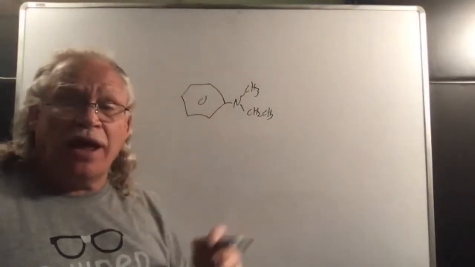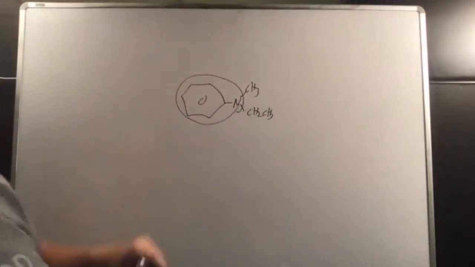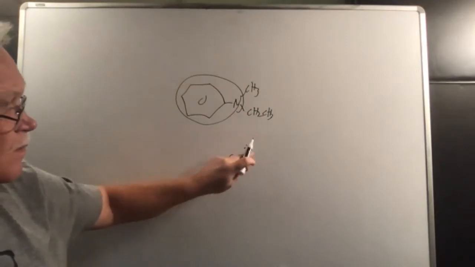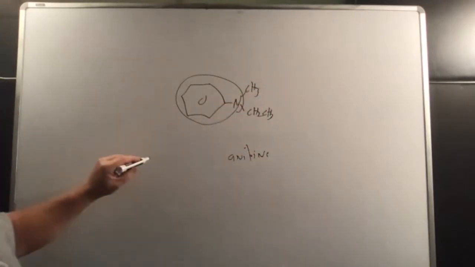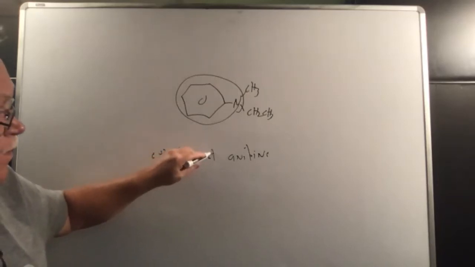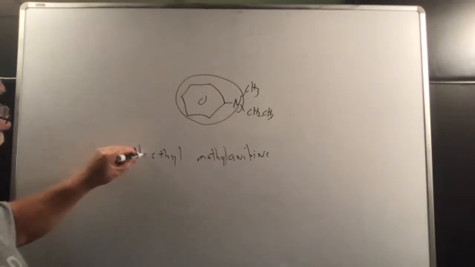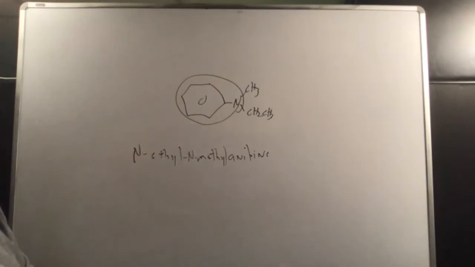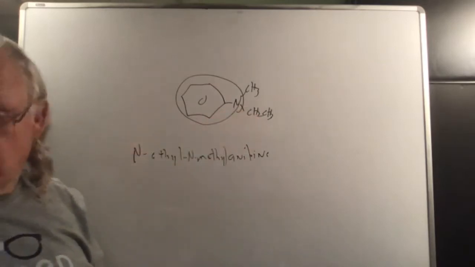But on the test, I'm going to ask you to name it as an aniline. So the aniline takes in that piece there. So what we would say is there's the aniline. And then what's attached? An ethyl and a methyl. Where are they attached? Both of them are attached to the nitrogen. Okay, so we use N and N to show they're both attached to the nitrogen.